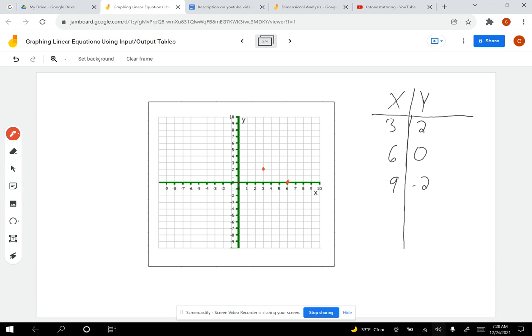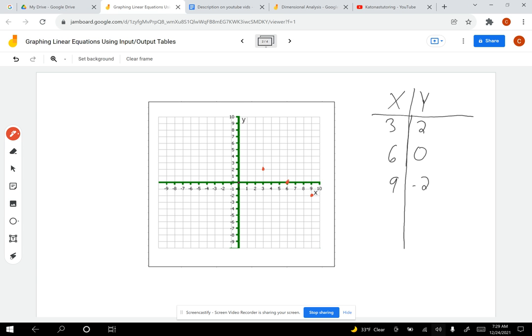Because x is 6 and y is 0, I'm going to go to the 6 on the x-axis. If y was 6 and x was 0, I would go to the 6 on the y-axis, and that would be my point. But because it's x = 6, y = 0, my point's going to be right there. And then I have (9, -2), so I'm going to go 9, negative 2, and meet right in the middle.